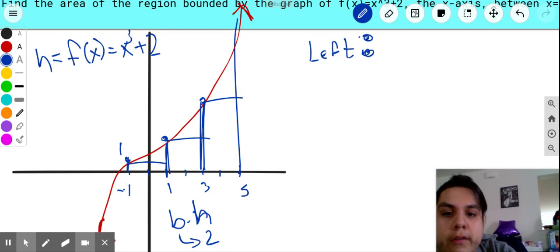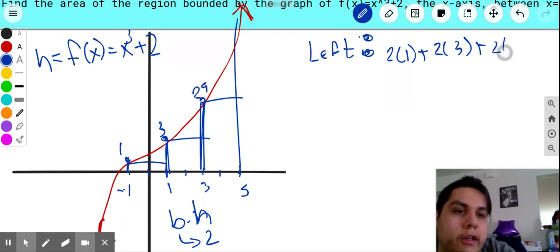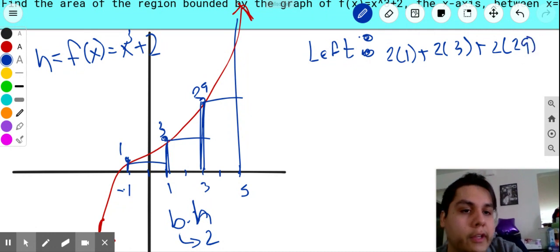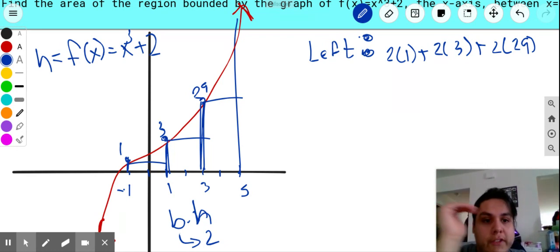So it'd be 2 times 1 plus 1 cubed is 1 plus 2 is 3. So 2 times 3 plus 3 cubed is 27, 27 plus 2 is 29. So 2 times 29. We do our calculations, that spits out a number, and that's what our left sum should be because we determined the height from the left side.